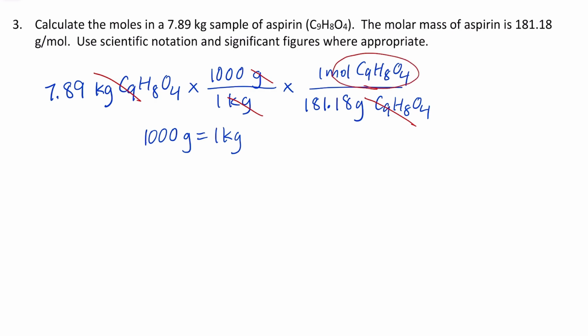Once you do this operation on your calculator, you should get 43.5 moles, or 4.35 times 10 to the first moles of C9H8O4. In the next video, we're going to be talking about topic 1.2, mass spectroscopy of elements.